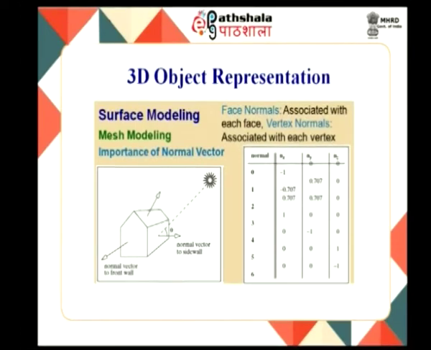Why is this important, you can ask? The normal vectors identify the orientation of a polygonal face with respect to a light source. How does that make sense? Let us discuss elaborately. For example, there is a light source falling on the object. If the object is oriented towards the light source, then the face of the object should be well lit.